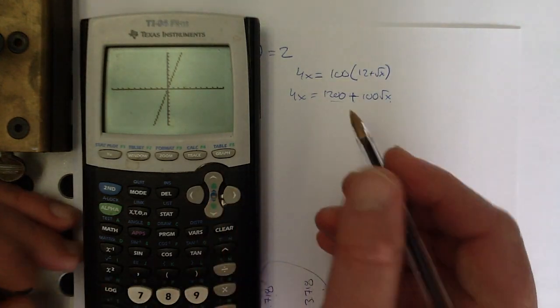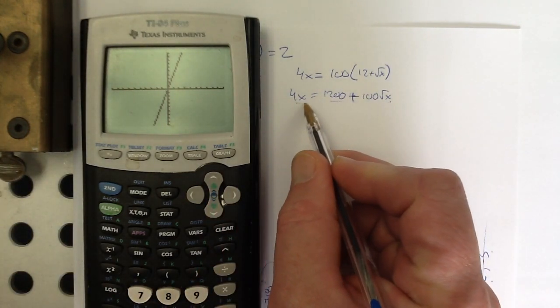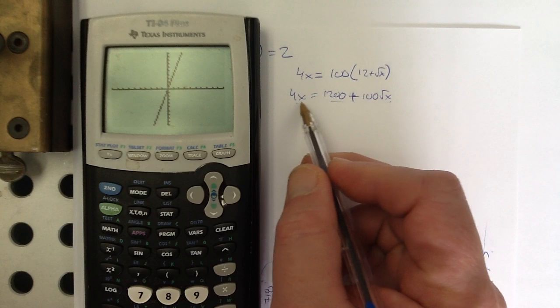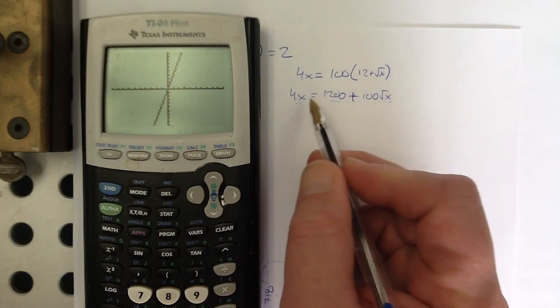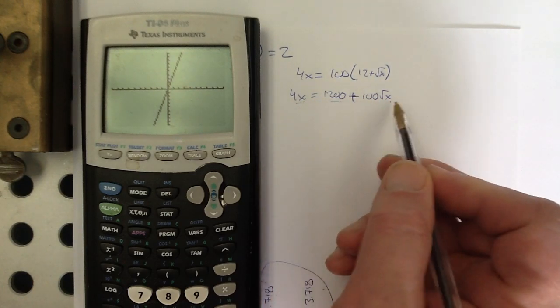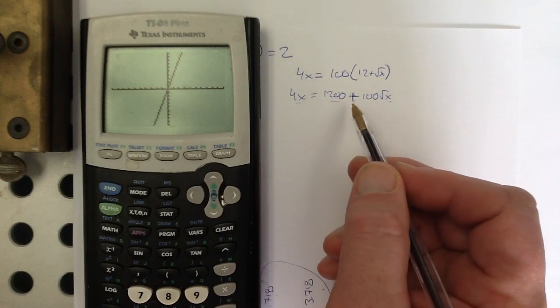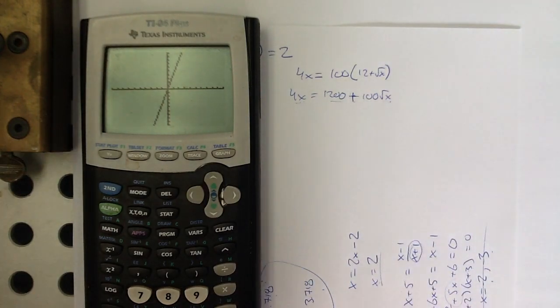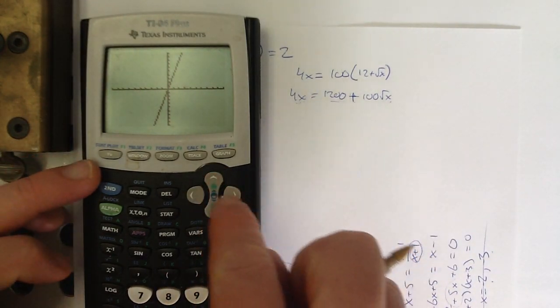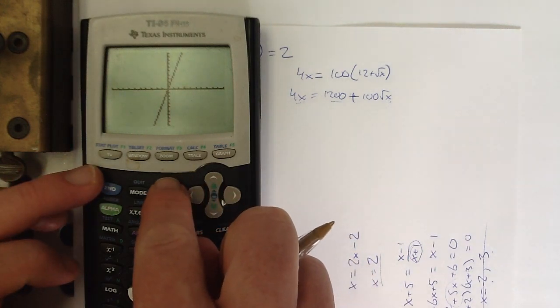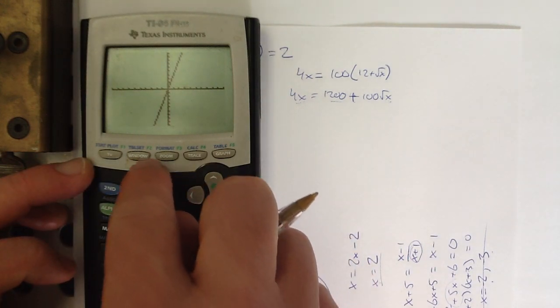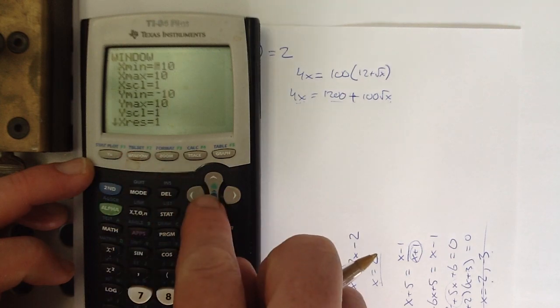And maybe at this point, looking at that, well, we could try to sort of guess what the solution would be. I mean, my recommendation would be go into the window.